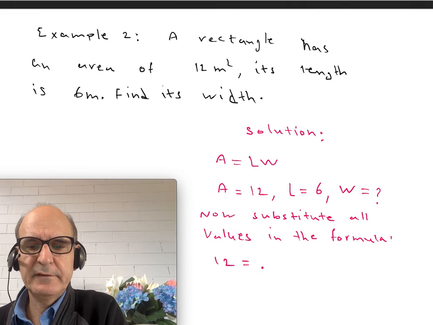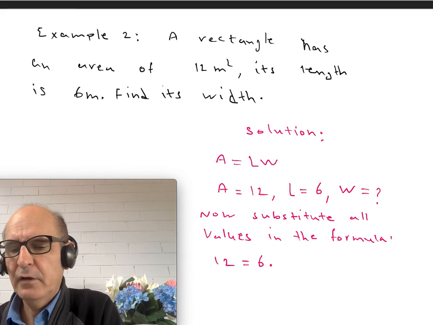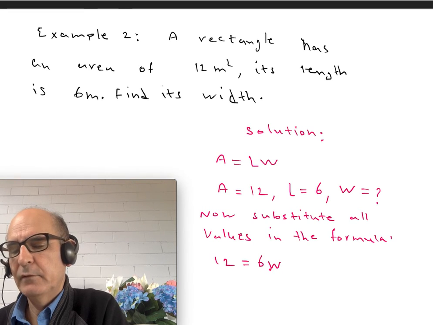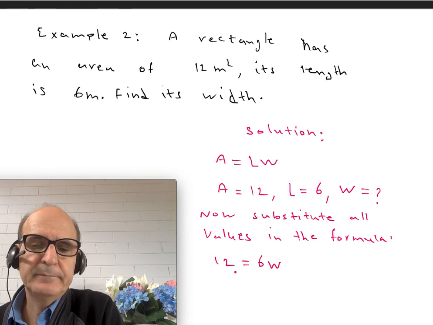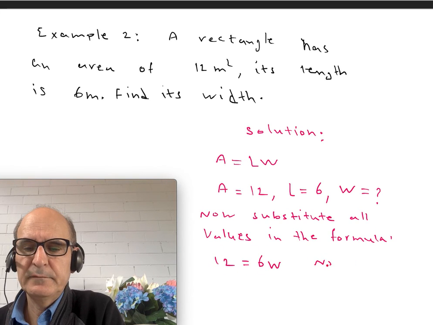L is 6, and W. Alright, here I don't need to put the times sign, because as soon as I put W, it means 6 times W. Alright, this is now an equation. Now solve this equation.